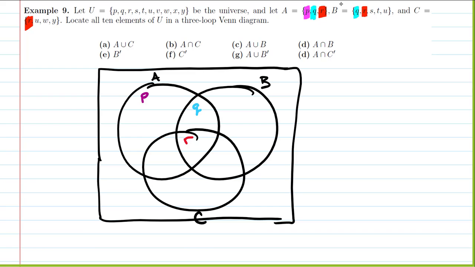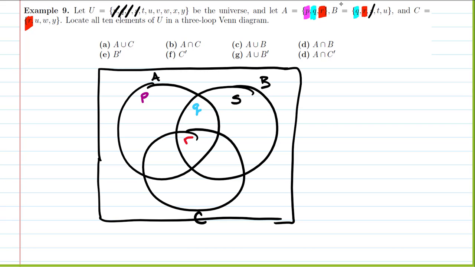All right, to help me keep track of this, I'm going to cross off in here after I have placed each of the elements. So we know where P, Q, and R are. Now we go to our next set, which is B, and its next element is S. We know S isn't in A because we've already done with A. And is S in C? No. So S is only going to be in the set B, so it goes over here.